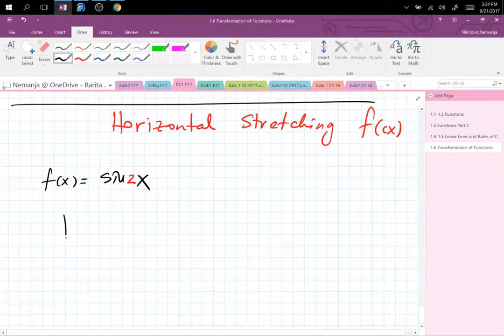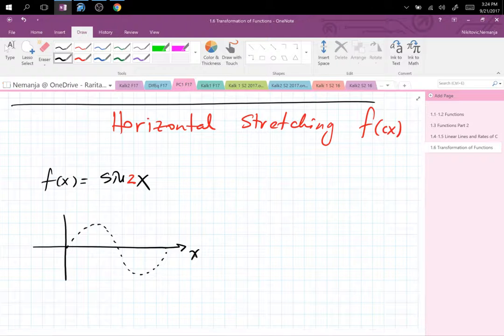So I'm going to draw the original function, the original wave. And then this 2 is going to compress it, so the whole motion will actually end sooner.